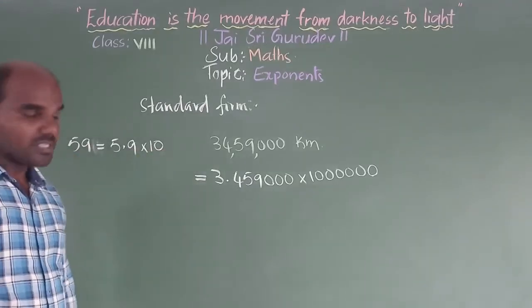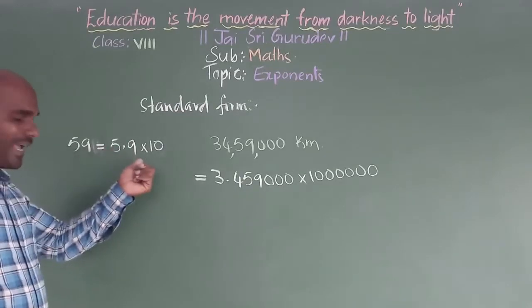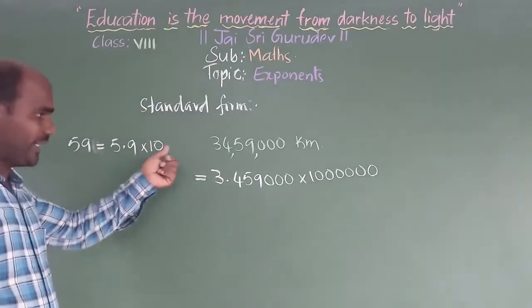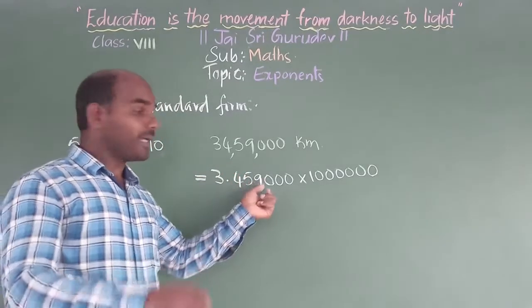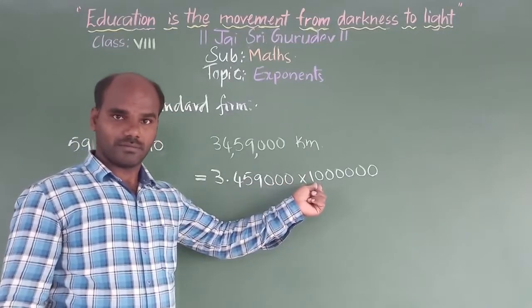Yes or no, children? So same here, 59 is written as 5.9 into 10. Same as there, here also I am applying that, as a product only.